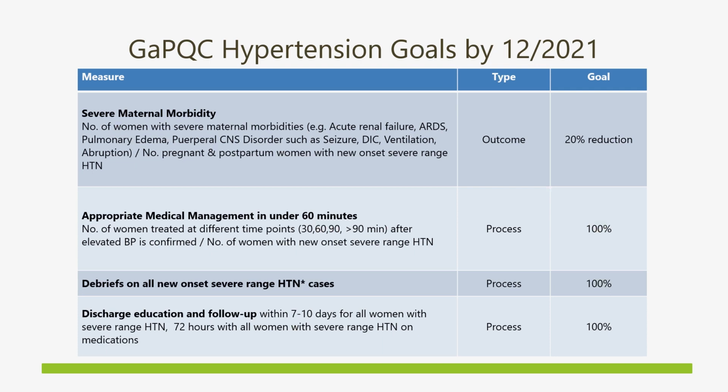So again, these are some of the hypertension goals that we have for the collaborative by 2021: to reduce severe maternal morbidity by 20%. Lofty goals are appropriate medical management in under 60 minutes at 100%, debrief on all new severe range hypertension cases at 100%, and discharge education and follow-up within 7 to 10 days for all women with severe range hypertension, and 72 hours for women with severe range hypertension on medication.